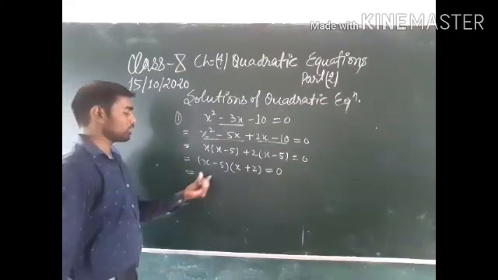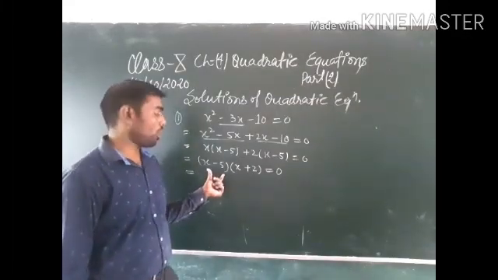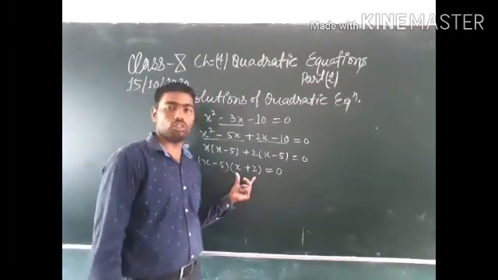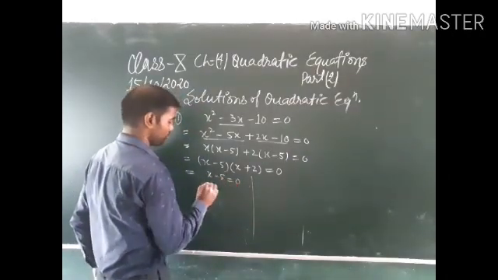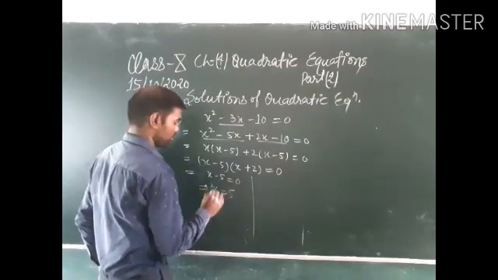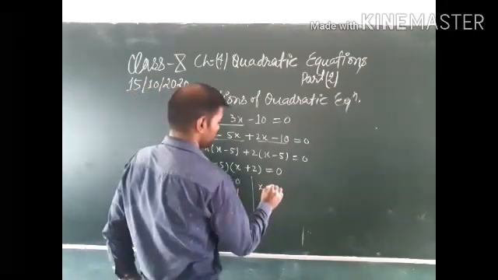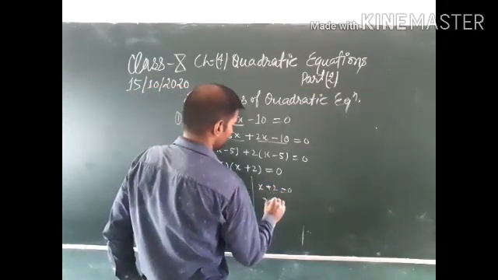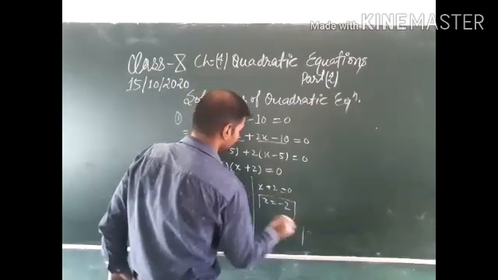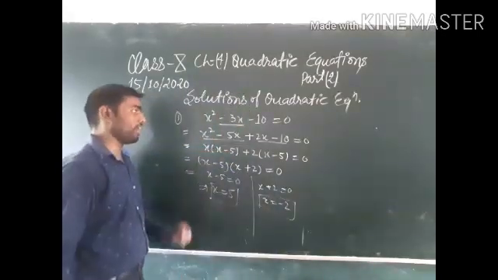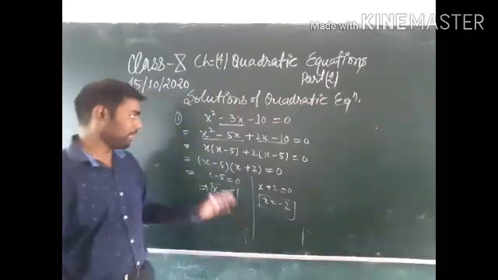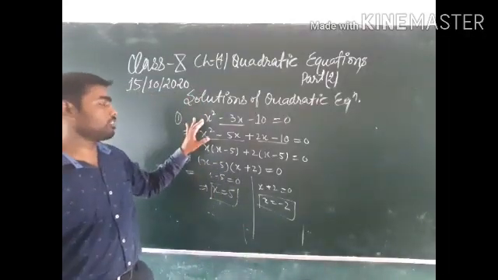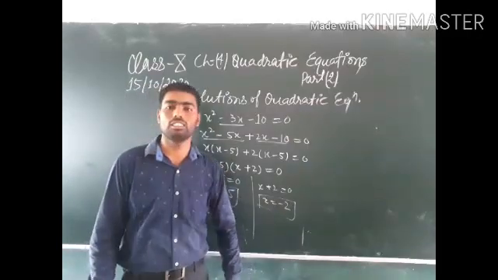So either x minus 5 is equal to 0 or x plus 2 is equal to 0. It means x is equal to 5, and x is equal to minus 2. Hence x is equal to 5 and x is equal to minus 2 are the roots of the given quadratic equation x square minus 3x minus 10.